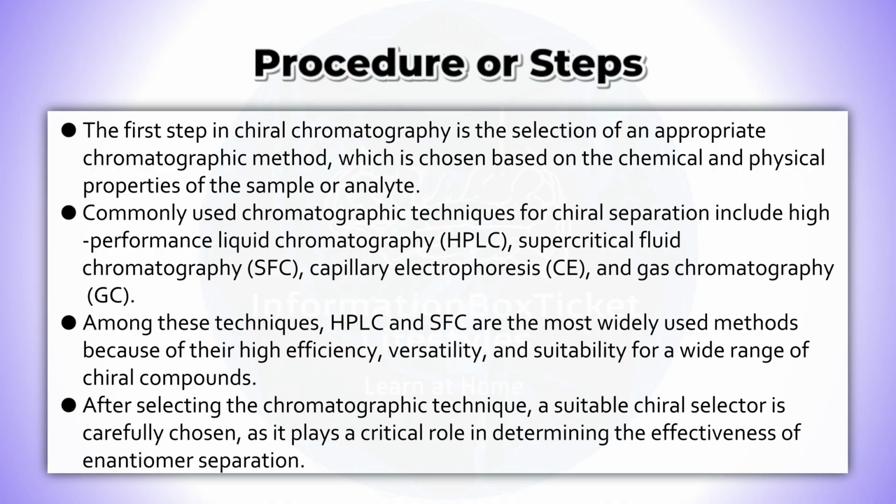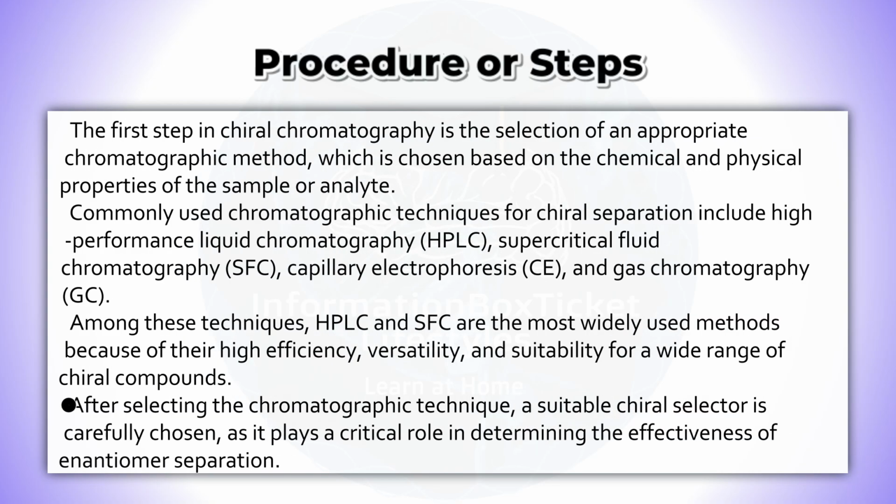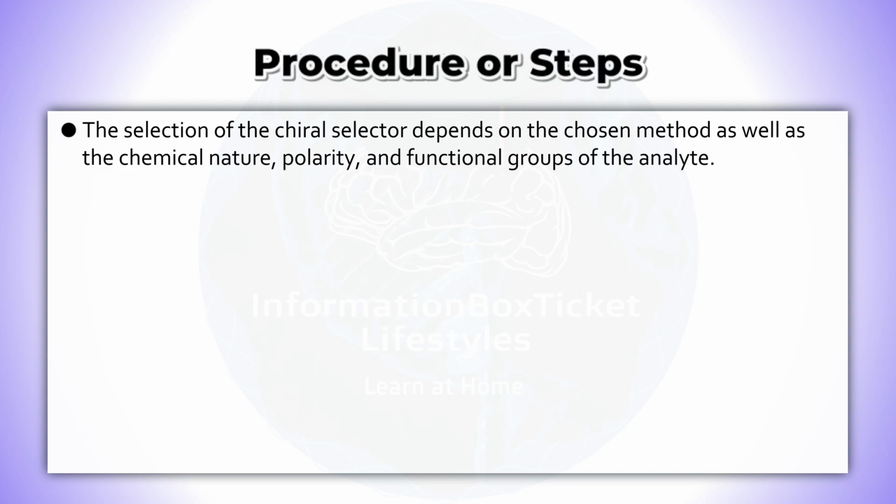After selecting the chromatographic technique, a suitable chiral selector is carefully chosen, as it plays a critical role in determining the effectiveness of enantiomer separation. The selection of the chiral selector depends on the chosen method, as well as the chemical nature, polarity, and functional groups of the analyte.